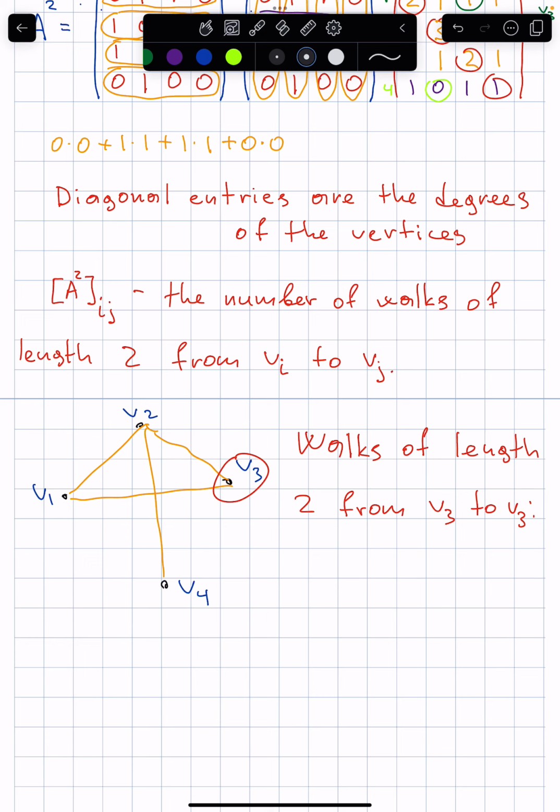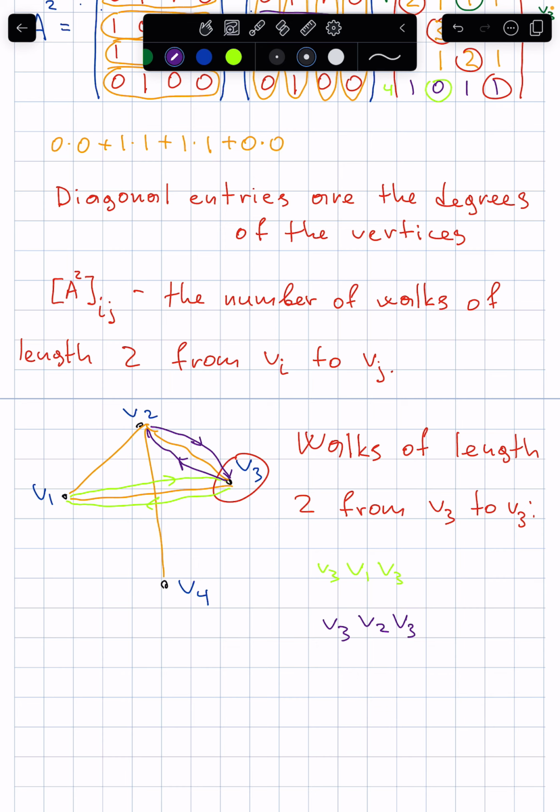How can we do it in 2 steps? The only way is to walk along one of the edges and then immediately walk back along the same edge. So we get V3, V1, V3 in this example. We can do it with respect to any edge at V3. We can also go to V2 and then immediately come back: V3, V2, V3.